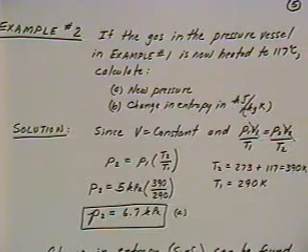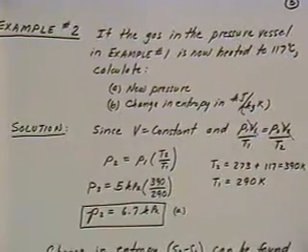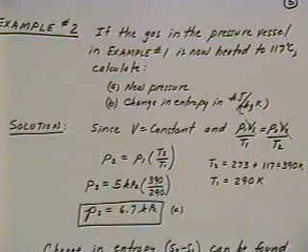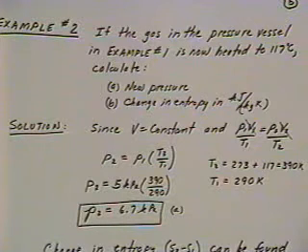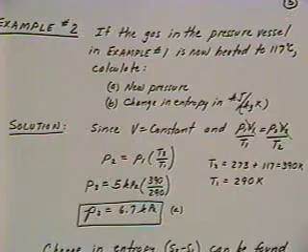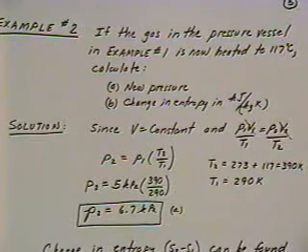We started out at 17 degrees C. We're now going to heat it to 117 degrees C, and we now want to calculate the new pressure, and we want to calculate the change in entropy that's involved for this ideal gas being heated from 17 degrees C to 117 degrees C.